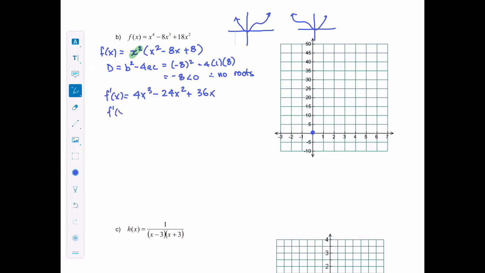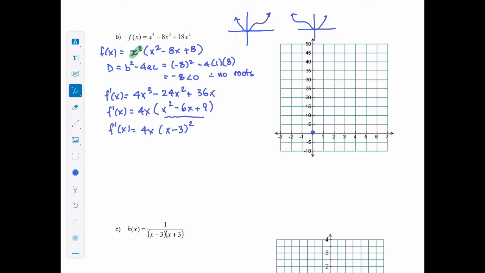I think I can take out a 4x, and that leaves me with x squared minus 6x plus 9. I'm hoping that your factoring is still fresh in your mind. We can see that this here is a perfect square. So we have f prime of x is equal to 4x times (x minus 3) all squared.